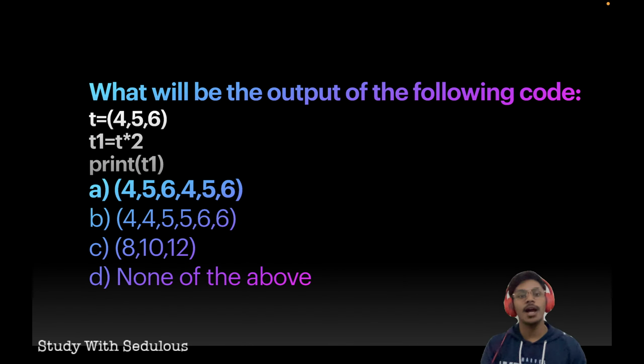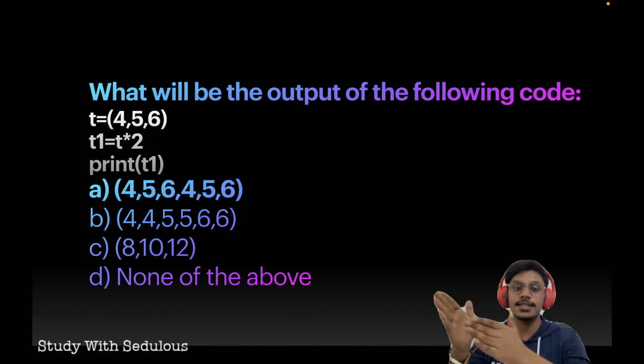Okay. What will be the output of the following code? T is equal to 456, T1 is T into 2, print T1. How will that be? Just like text, even tuples are immutable. So the thing that we're going to get is 456, then again 456.